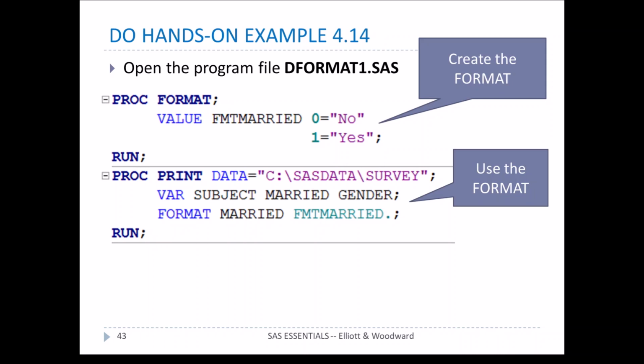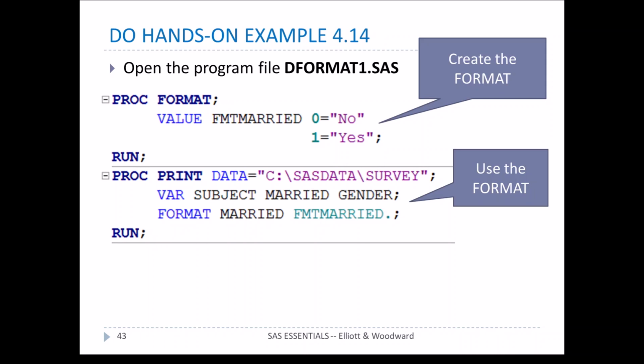And then I want it to use this format I've created on the variable called married. So I have FORMAT married FMT_married. Now it's important that that dot appears because that tells SAS this is a format. And so notice now that SAS can tell the difference between a variable name, married, and a format name, FMT_married dot. And so that dot is very important.